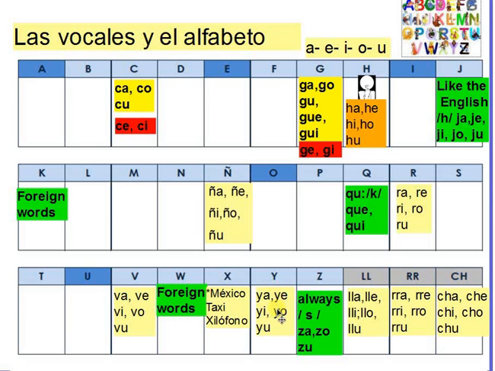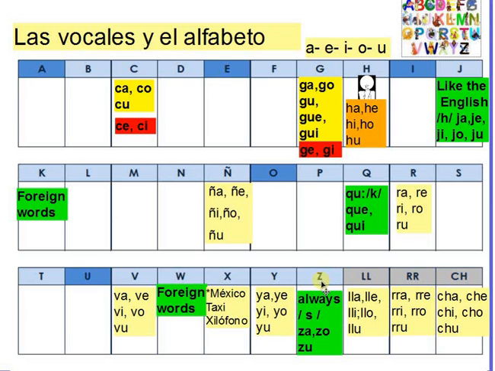The letter Y. The letter Y could have two different sounds as well, depending on the country. Okay? So you could have ya, ye, yi, yo, yu, or you could have ja, je, ji, jo, ju. Okay, now it's going to be a regional difference. In some countries you always say ja, je, ji, jo, ju, and in some countries ya, ye, yi, yo, yu.